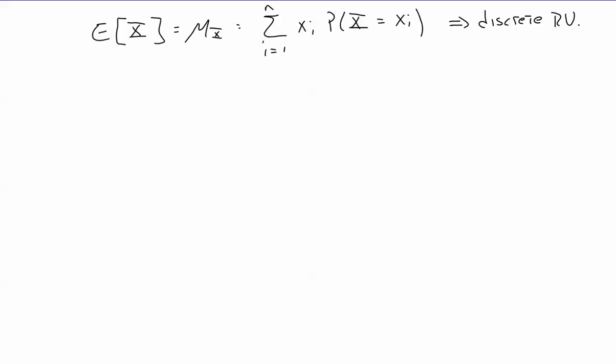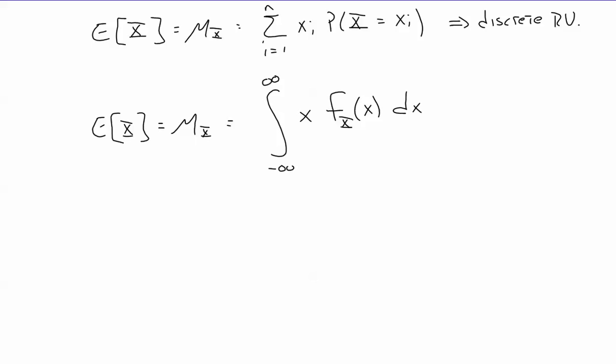What about for a continuous random variable? For a continuous random variable, we do this. I replace my summation with an integral, and I'm going to integrate over all possible values, with an infinity on the top. Instead of having specific values, little x sub i, I'm going to put in a variable x, and instead of having discrete probabilities, I'm going to have a probability density function.